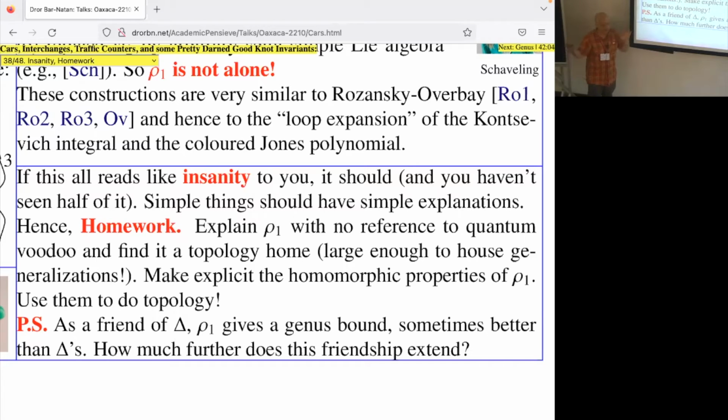Now you could say the problem of determining genus is solved, but this is happening in polynomial time. So you could in principle run it for extremely large knots. And then a further homework question is, how far does this friendship extend? Is there a Fox-Milnor-like criterion for row 1?